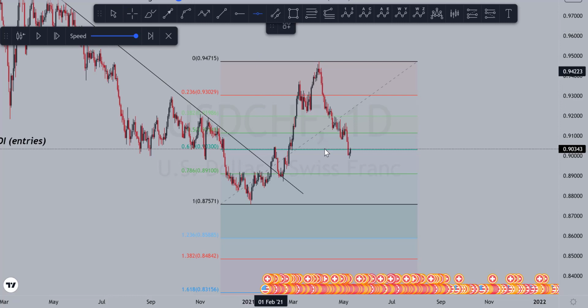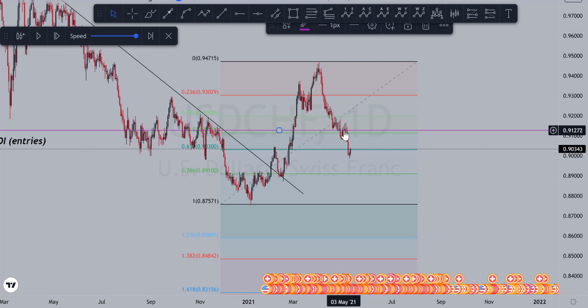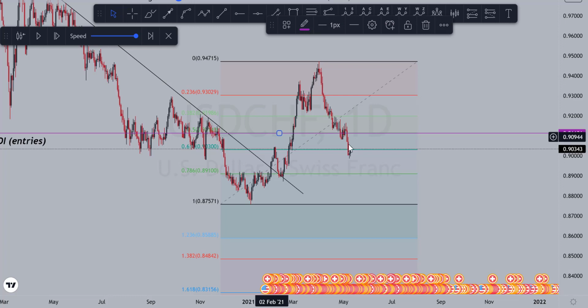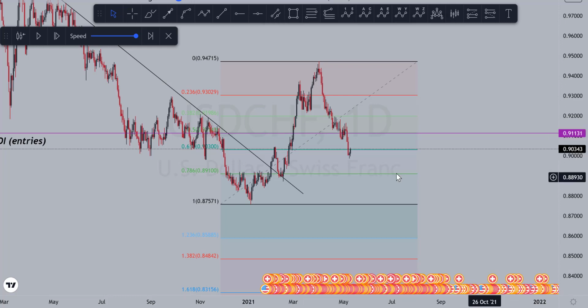Let me use my ray line there. If I go on to my chart and separate this swing point into two, using the 50% level mark there, I'm simply saying that when you look at this market above 50%, this market will be in a premium. When you look at it below 50%, this market will be in a discount.